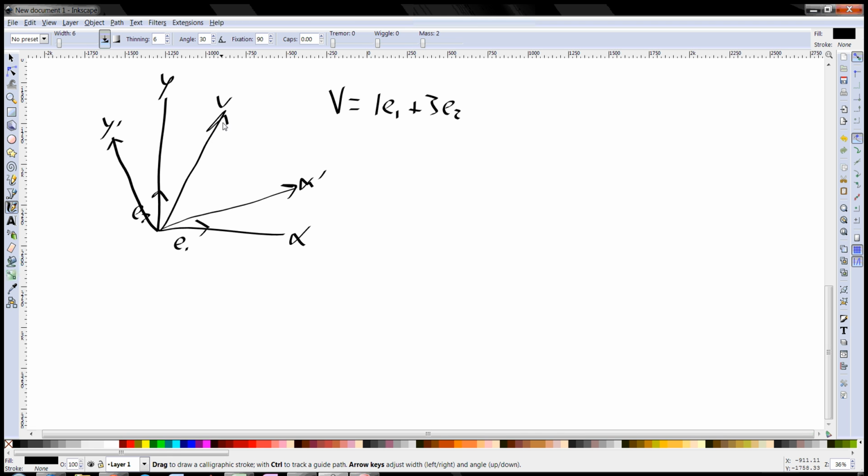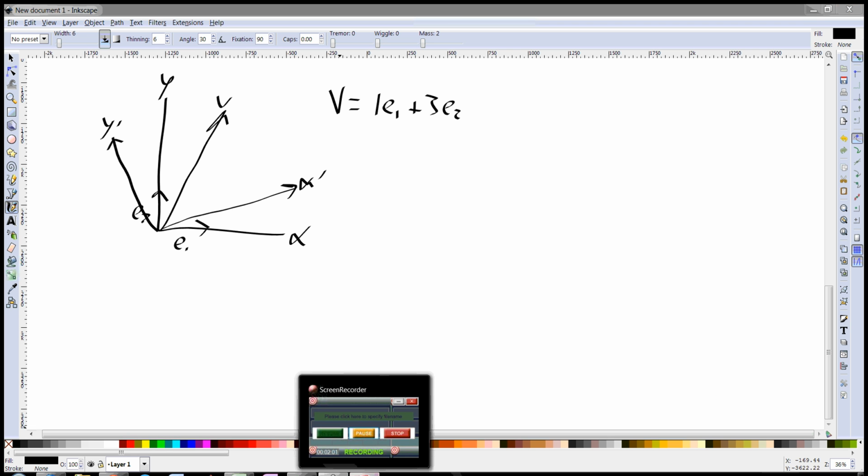Even though its magnitude and its physical location has not changed, we need a new equation to denote it.